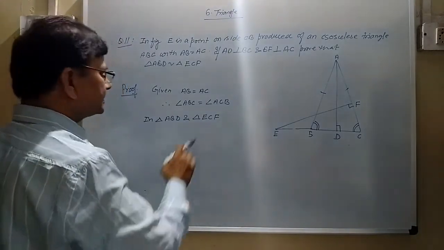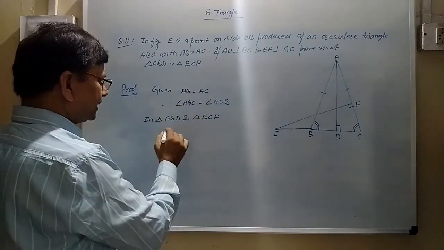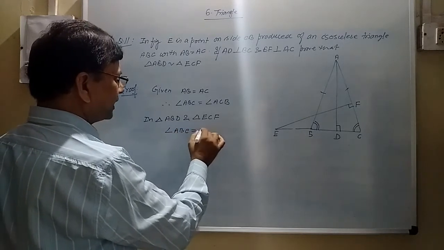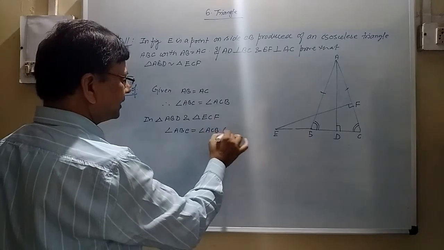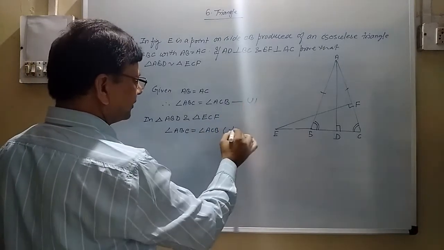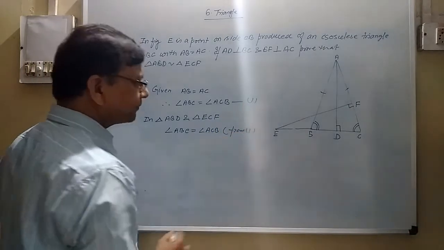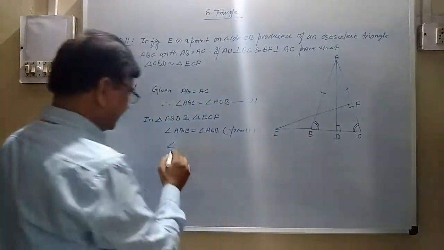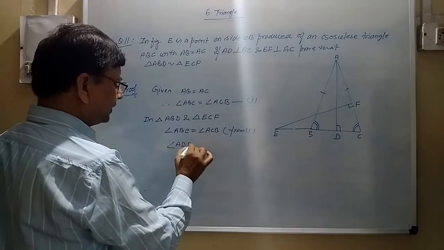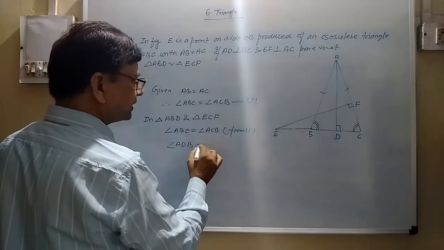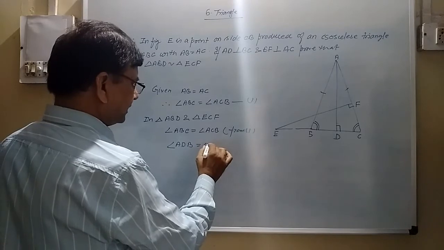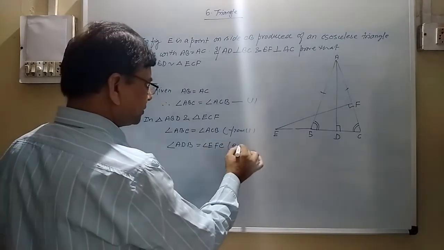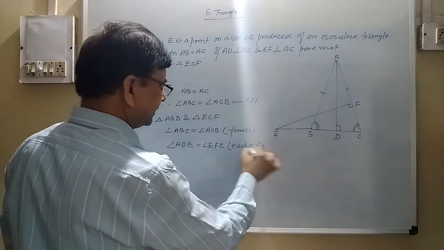Here in these two triangles, angle ABC is equal to angle ACB. It is equation number 1. And angle ADB is equal to angle EFC, each 90 degrees.